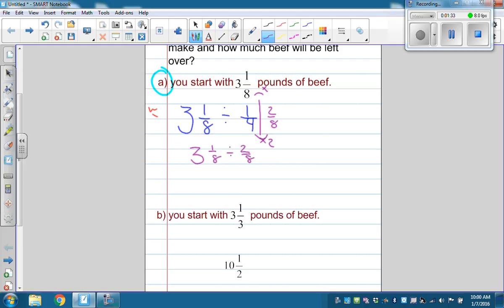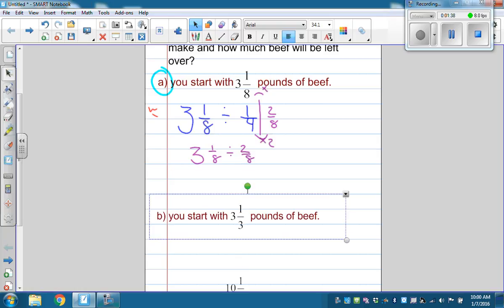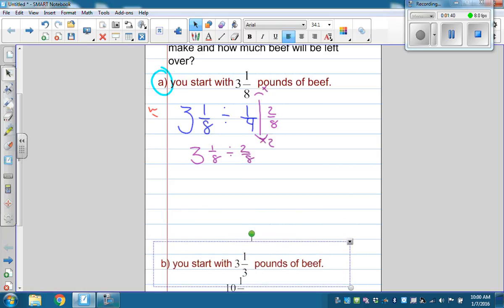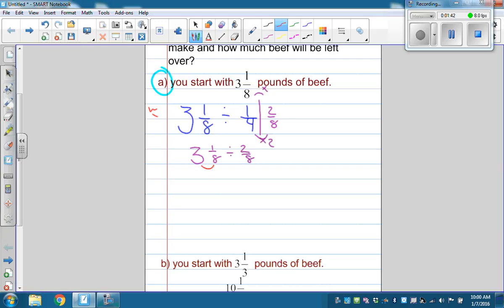Then you change the mixed number to an improper fraction, so that's 3 times 8, 24, plus 1 is 25/8, divided by 2/8. Then make a division problem with 25 divided by 2, and that gives me 12 1/2.